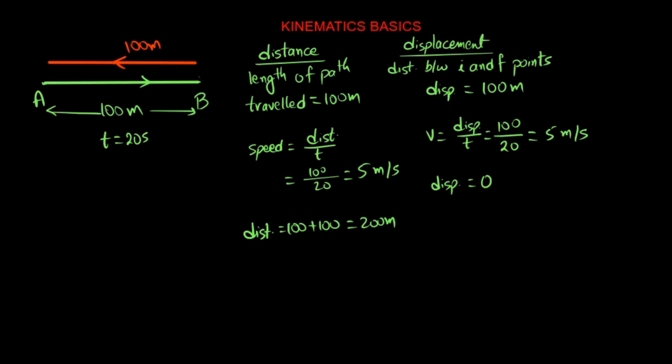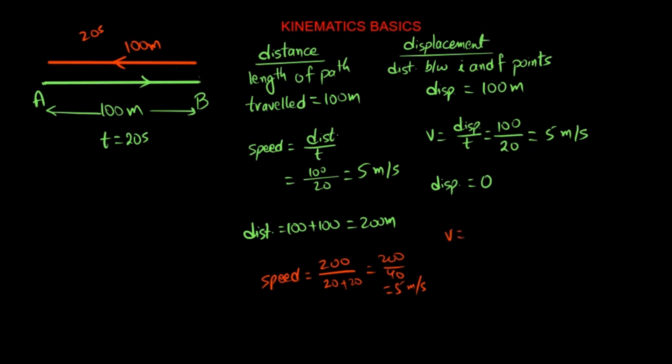In the second situation, the speed is distance over time. Distance is 200 and the time, let's assume it takes another 20 seconds. So the time would be 20 to go this way and then 20 to come back. 20 plus 20, 200 over 40 or 5 meters per second.